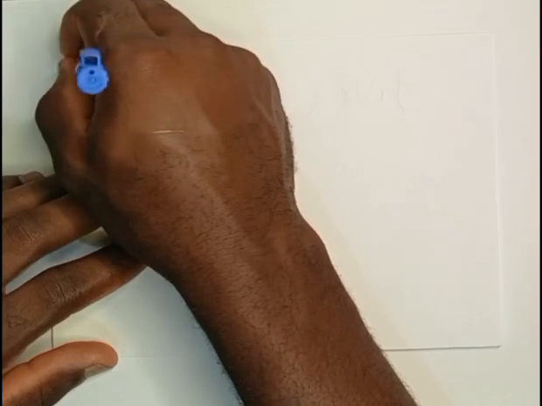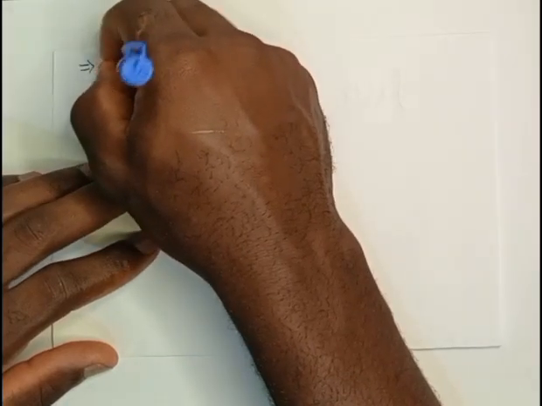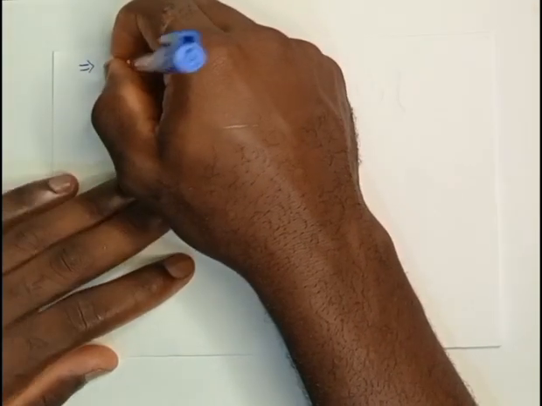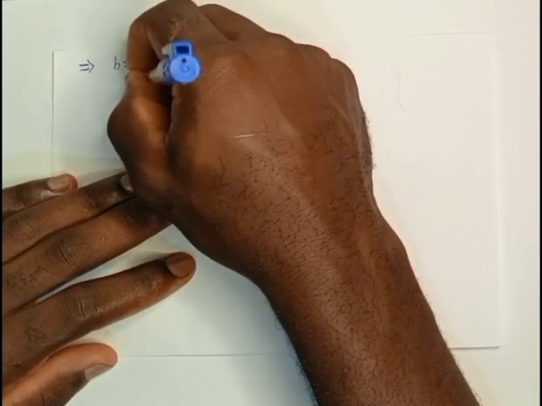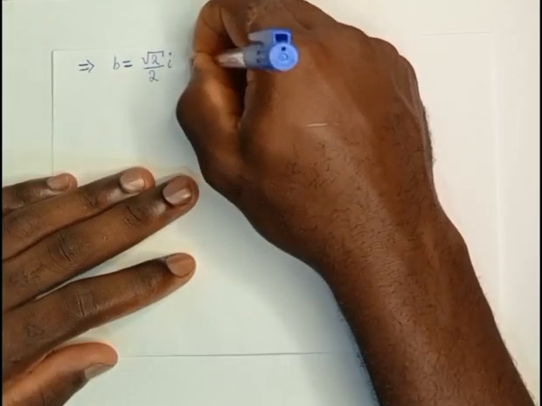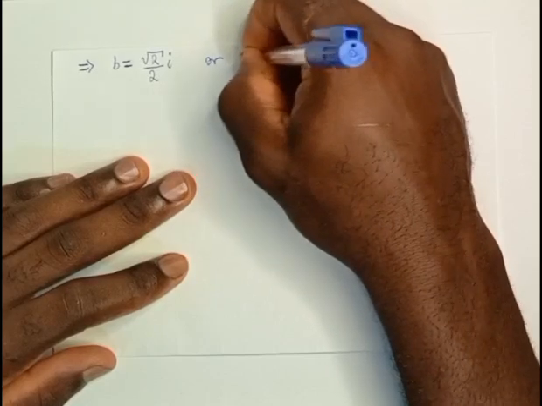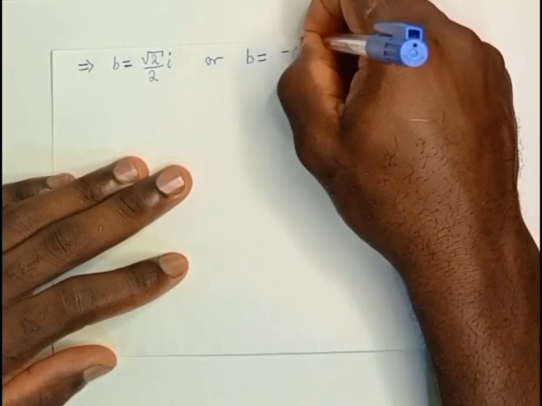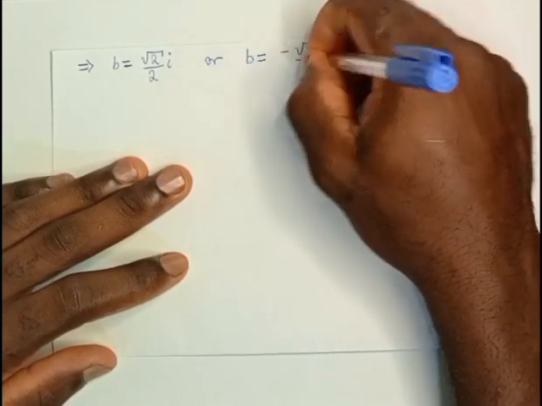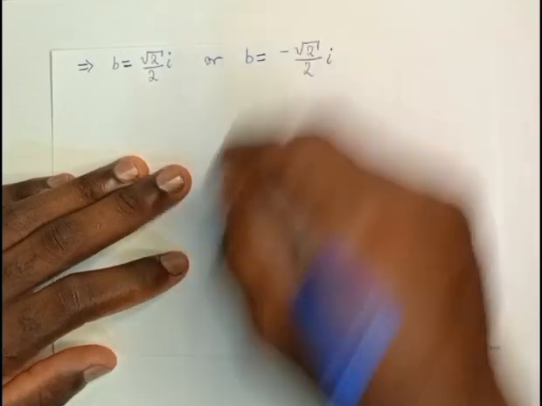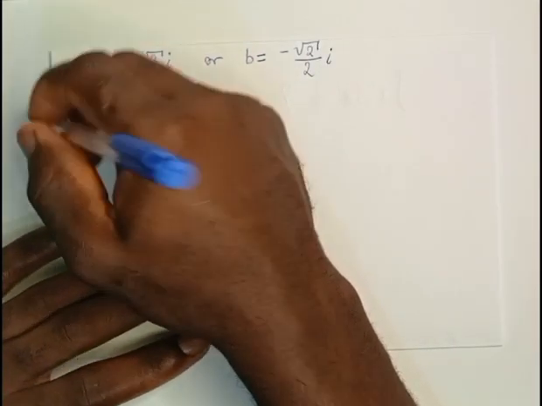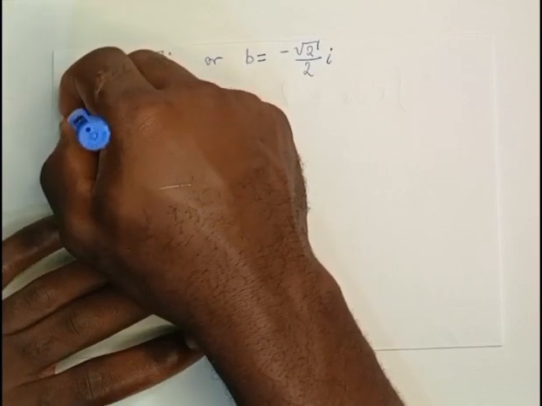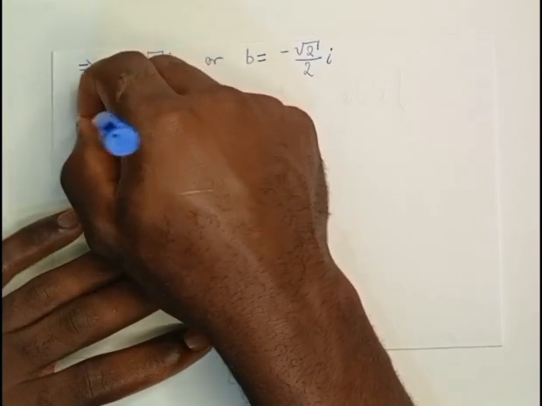Then b is equal to, take the positive result, root 2 over 2 i, or b is equal to, take the negative result, negative root 2 over 2 i. Now we have to find a. a is equal to b.